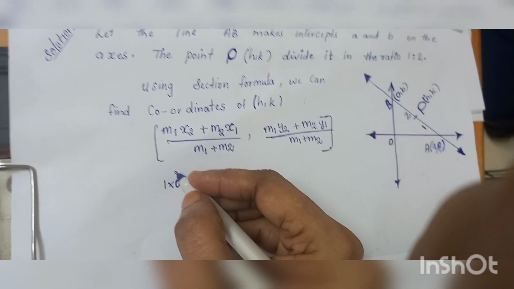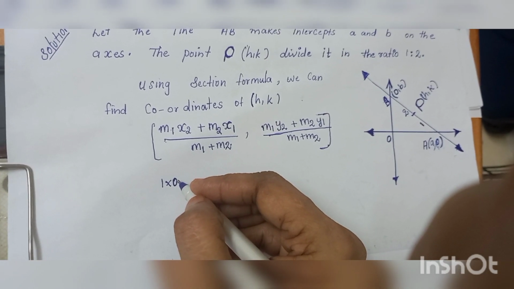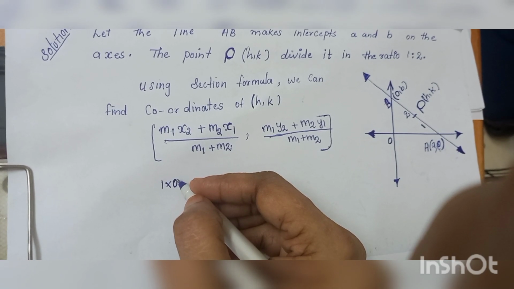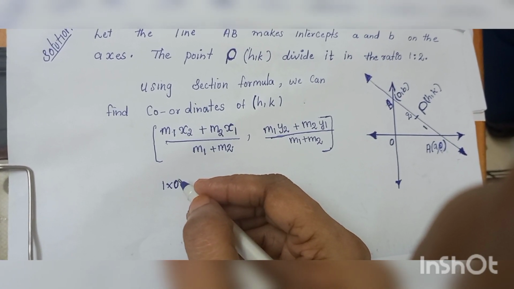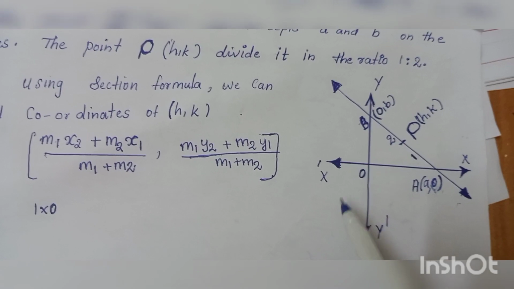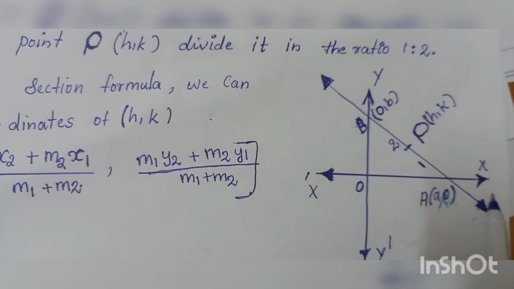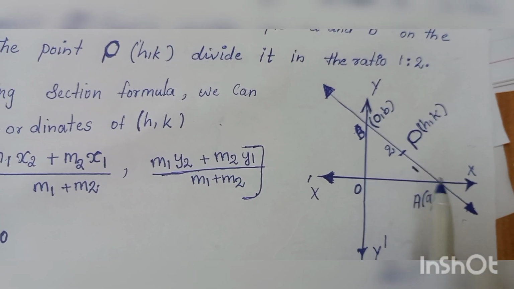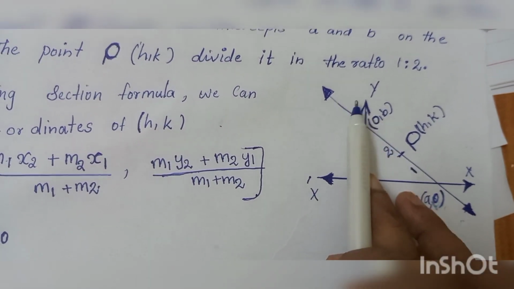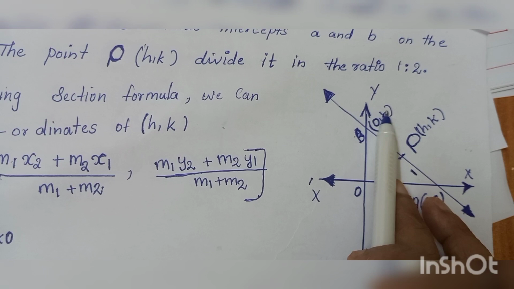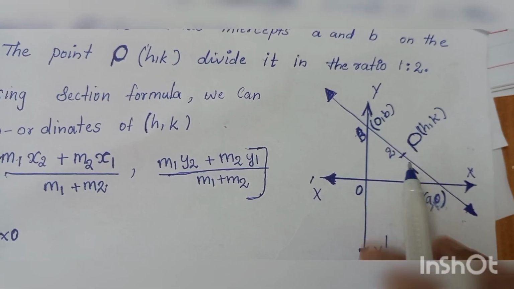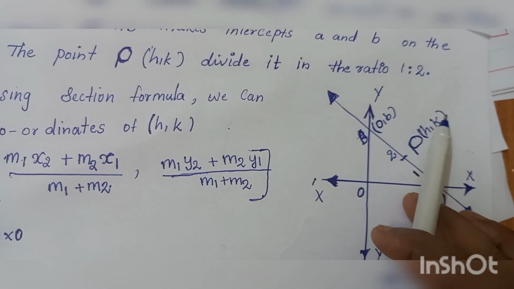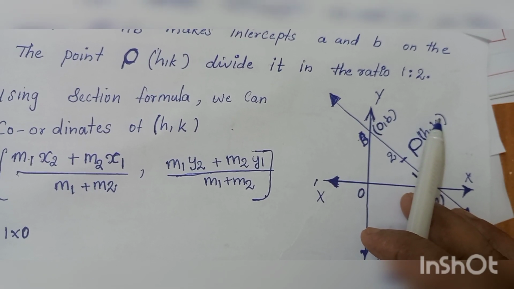See, look at this picture. This is the x-axis and this is the y-axis. X-intercept is a and y-intercept is b. So we can find the coordinates of h and k using the section formula.